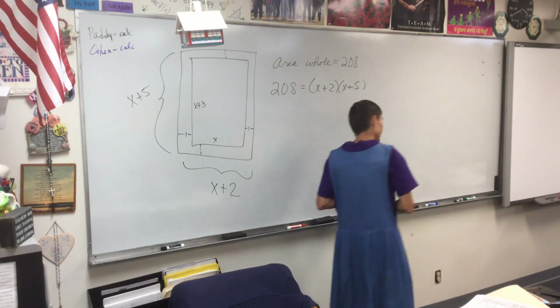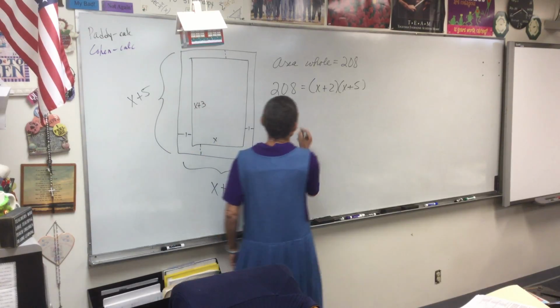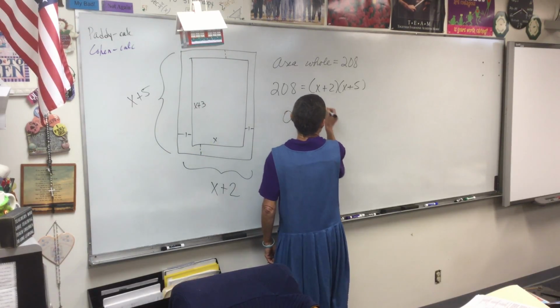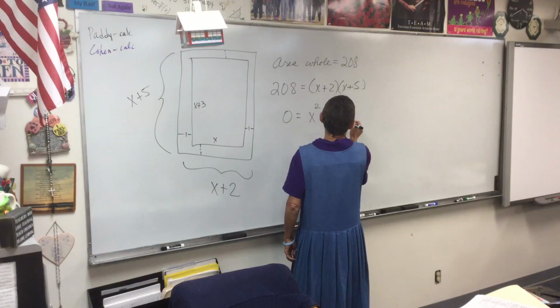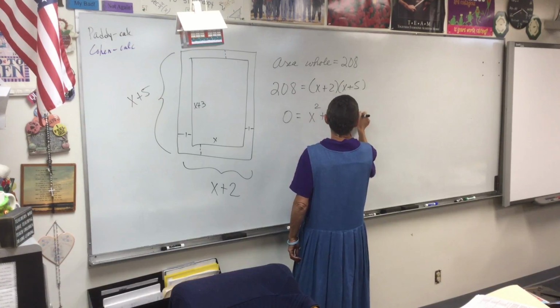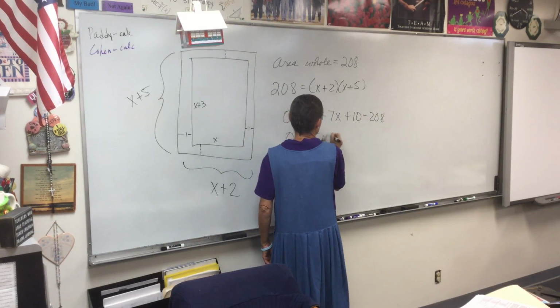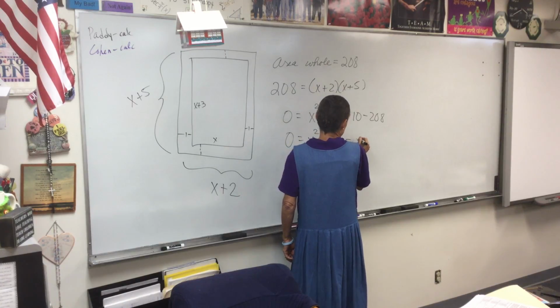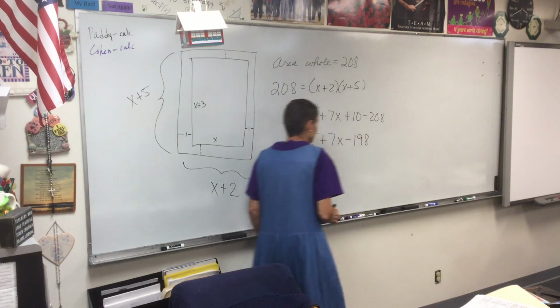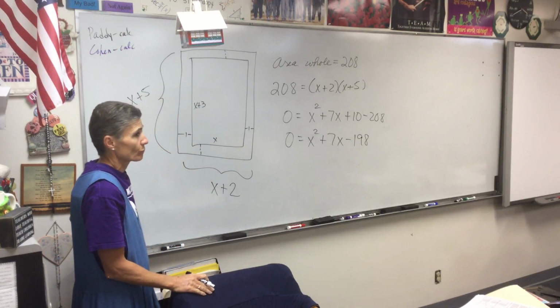All right, what do we do here? Gotta FOIL it out. So we have x squared plus 7x plus 10 minus 208, so we have x squared plus 7x minus 198.